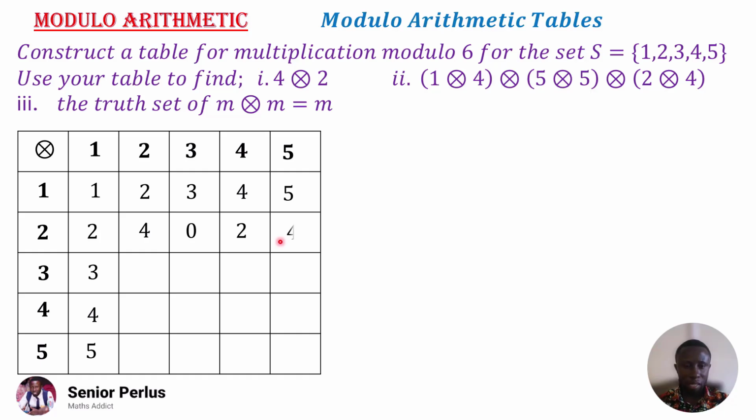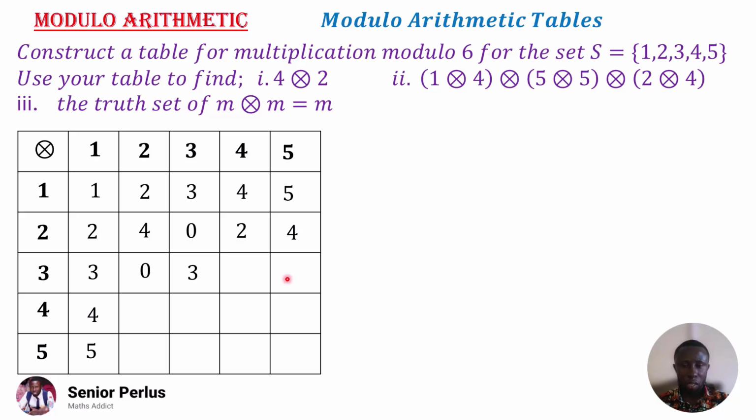So 6 from 10, I have 4. 3 times 2 in mod 6 is 0. 3 times 3 is 9. 9 mod 6. If I subtract 6 from 9, it's 3.